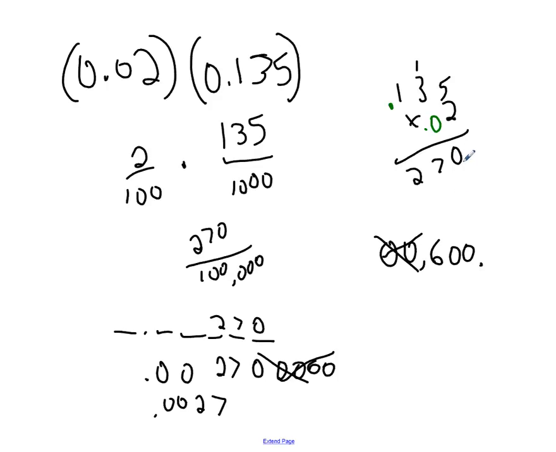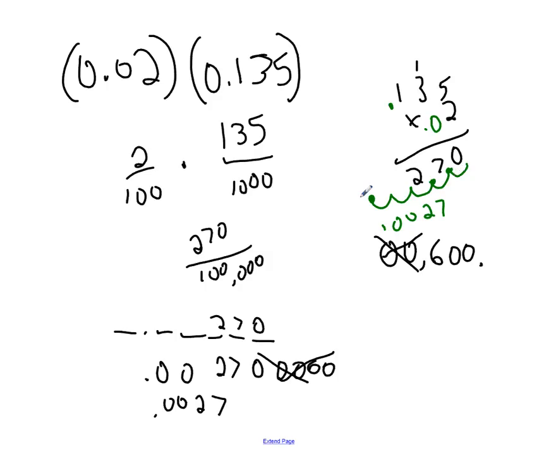So instead of 270 in the ones place, now it's 270 in the tenths place, then the hundredths place, and so on. Move it over 3 for the thousandths, and then 2 more for the hundredths. And that's how I get 0.0027, and don't write the extra 0.